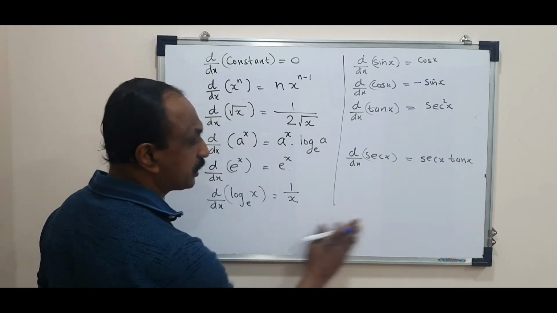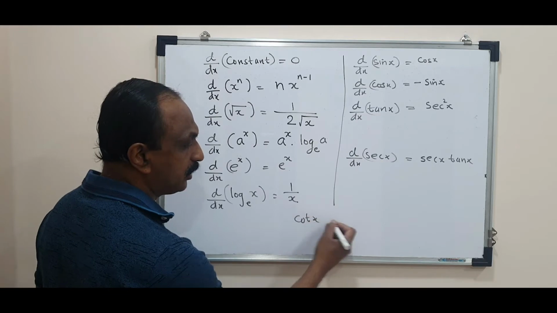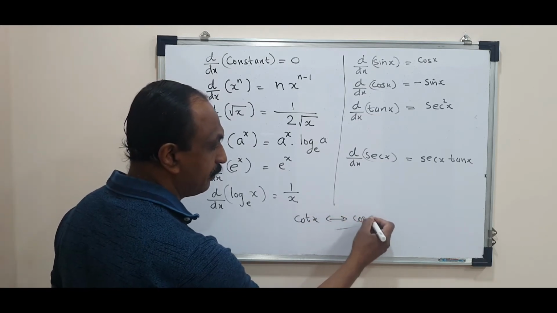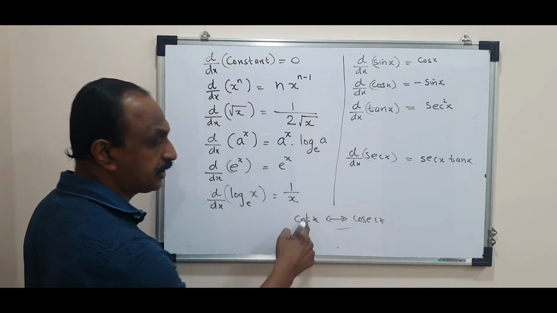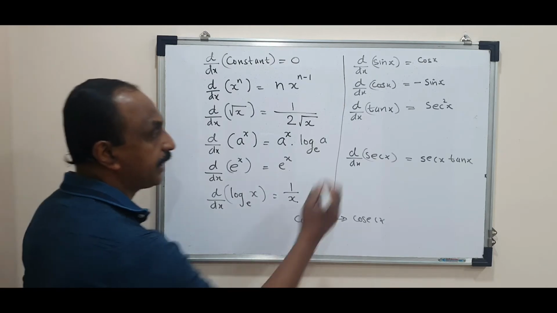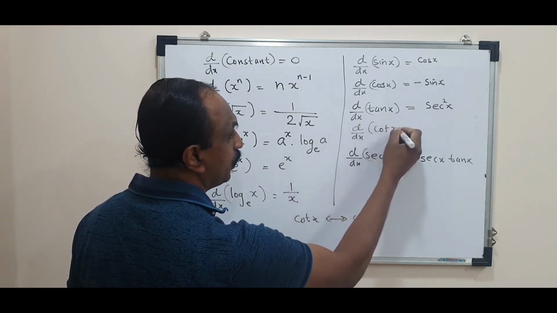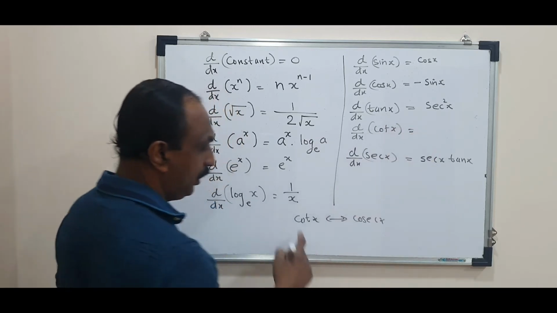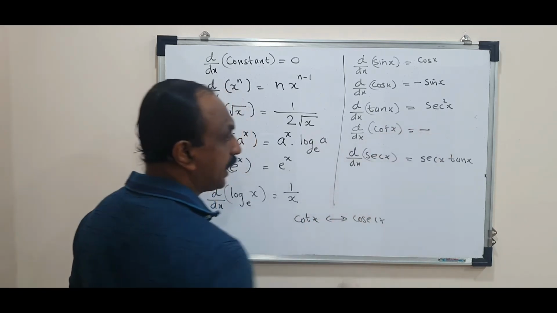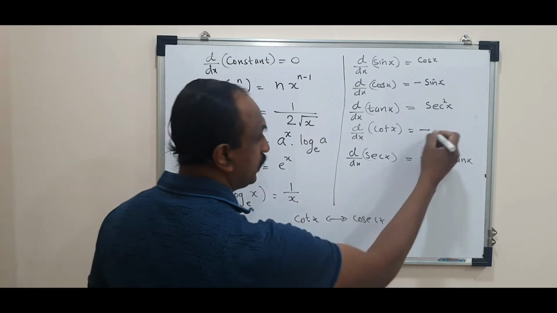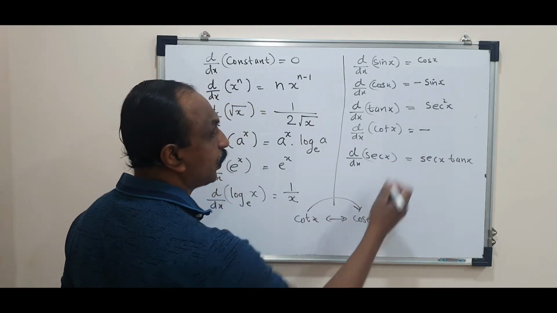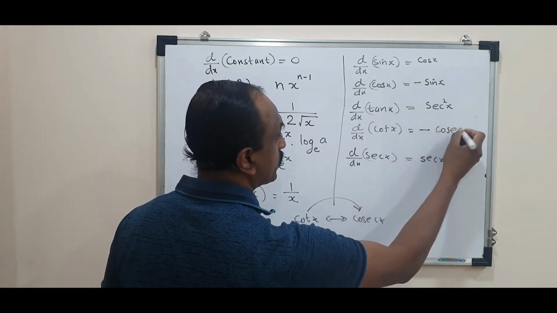Next pair is cot x and cosec x. Both of them have c in it. So there will be a negative sign. So the derivative of cot x will be, because of c, a negative sign. The pair is cosec. And when you do it this way, it is squared. So minus cosec square x.